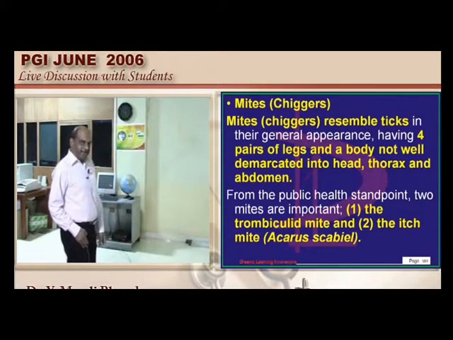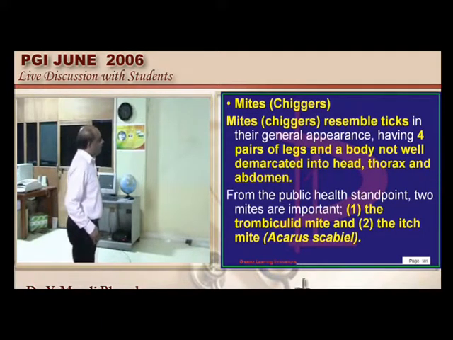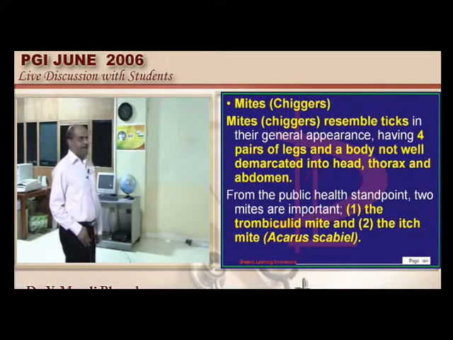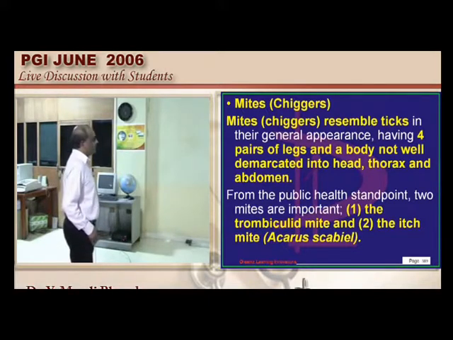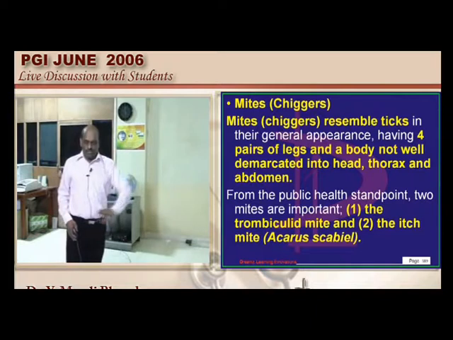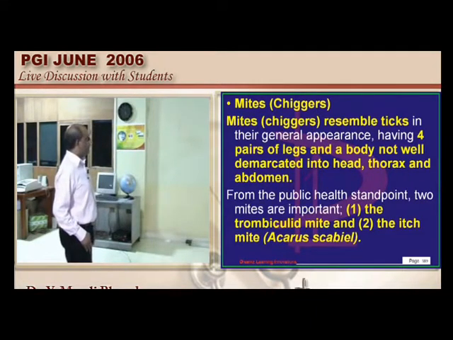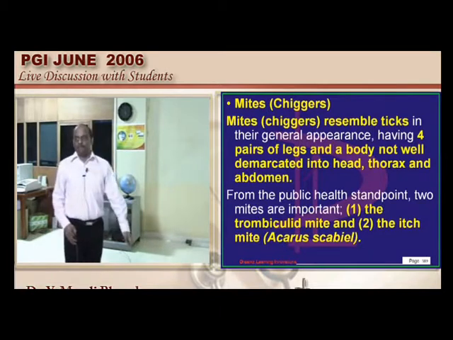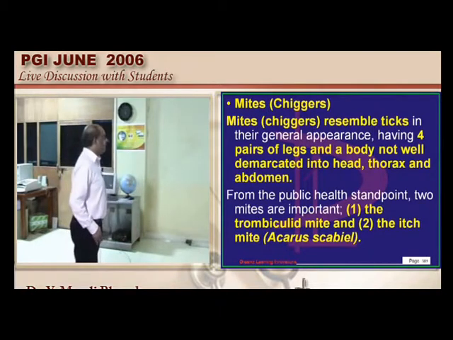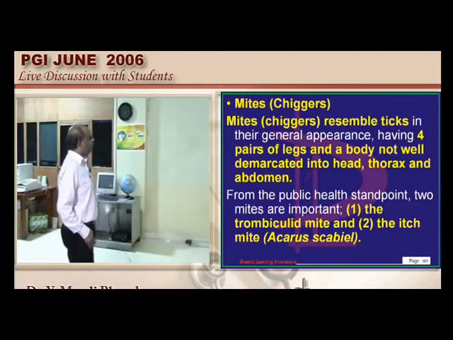Typically they resemble the ticks, and they have four pairs of legs, and their body, unlike the ticks which is well demarcated into head, thorax and so on, they can compete for a Miss World competition, but mites cannot compete because they don't have a head, feet and everything, right? So they have four pairs of legs but not a well demarcated thorax.